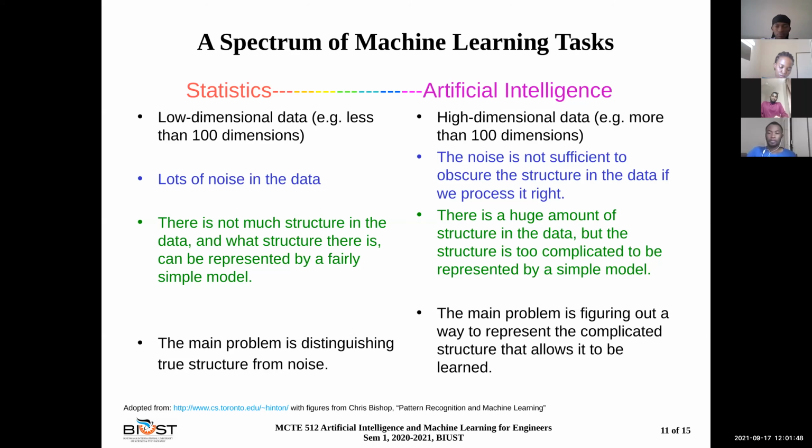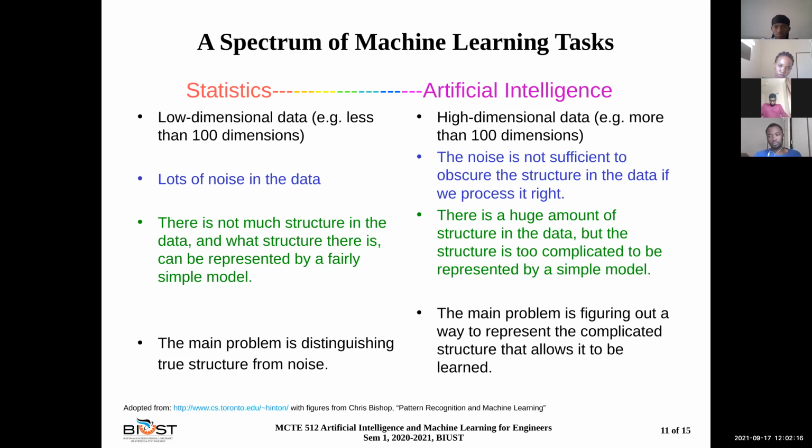That means for statistics, if there's lots of noise in the data, the result can be affected. But for artificial intelligence, there is noise, but if you build the proper model, it will be able to disregard or reject the noise and come up with good information.